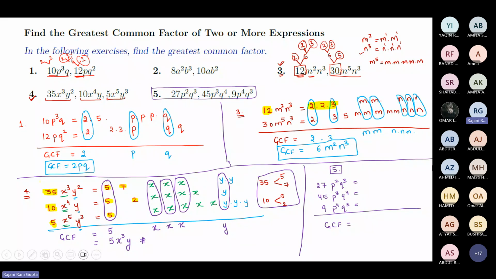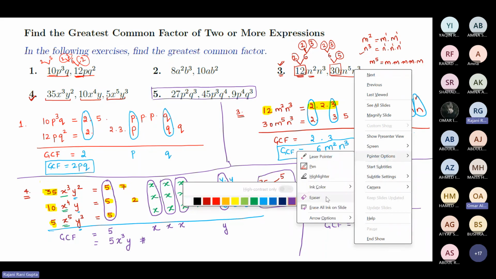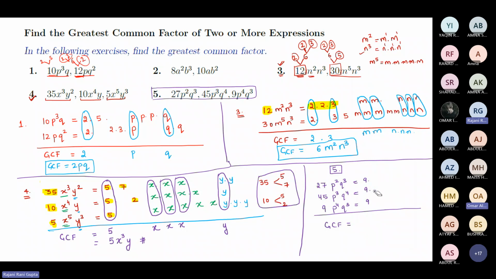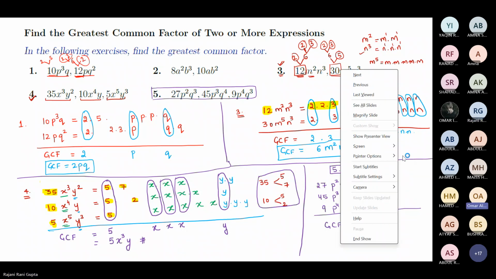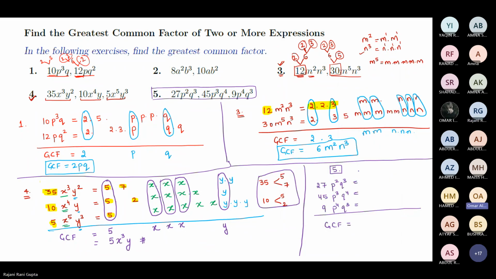So for the answer, 27 you can write as 9 times 3, 45 you can write as 9 times 5, and here 9. The answer will be 9p squared q cubed.